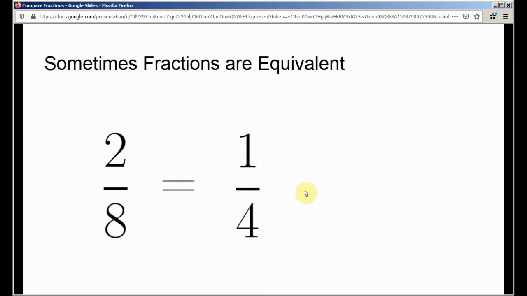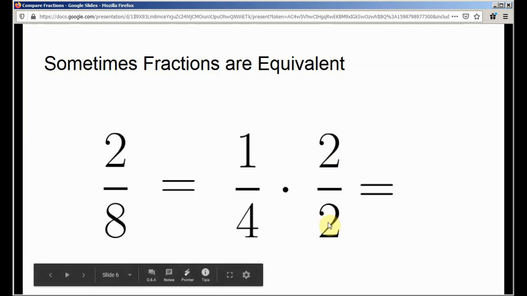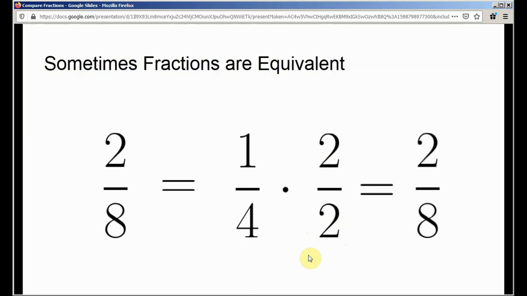So these two fractions are equal, because I am getting the same numerator and the same denominator, which means the fractions are equivalent. Let's verify this. If I multiply the numerator and denominator of the smaller fraction by a factor of 2, then I get the same fraction, 2 by 8. That is why it is equivalent.